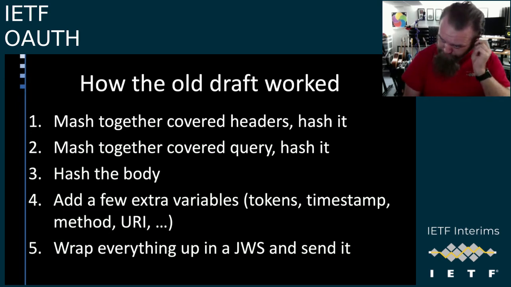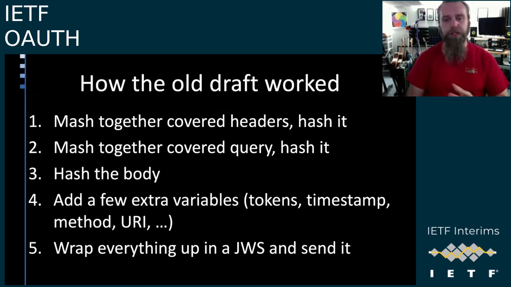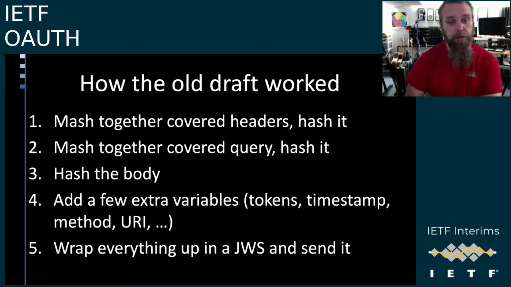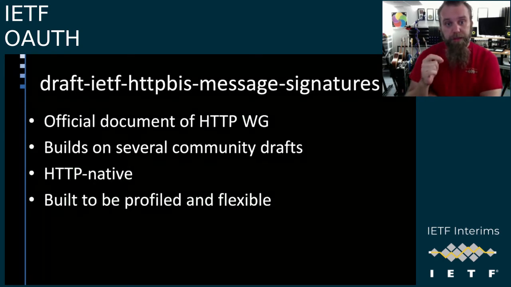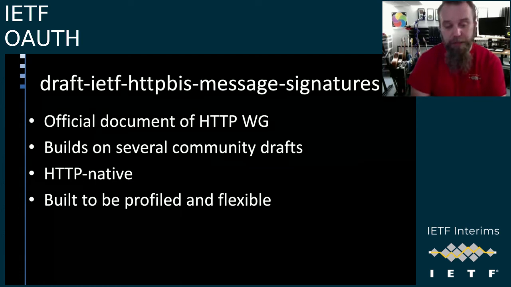A lot has changed since that work was picked up and subsequently left by the working group. Specifically now, Annabelle, and I think I saw her on the call, right? Yeah, she's here. Annabelle and I have picked up the editor's pen for a new draft in the HTTP working group.